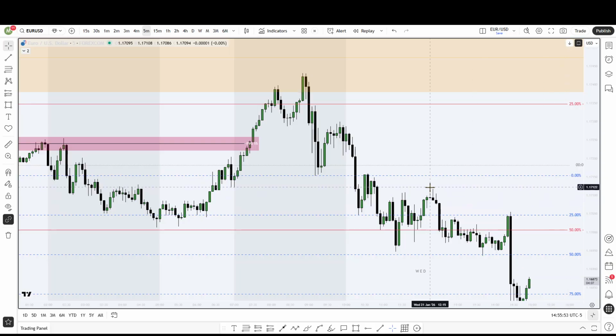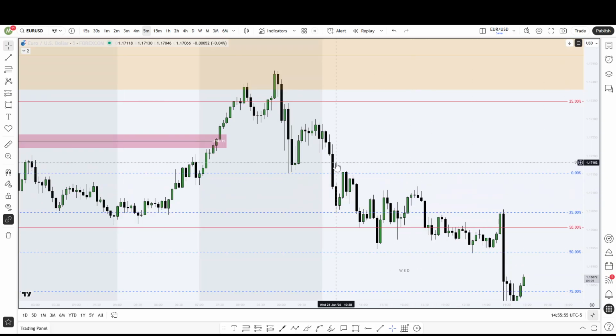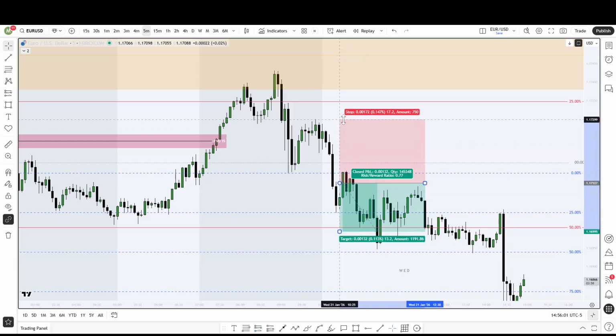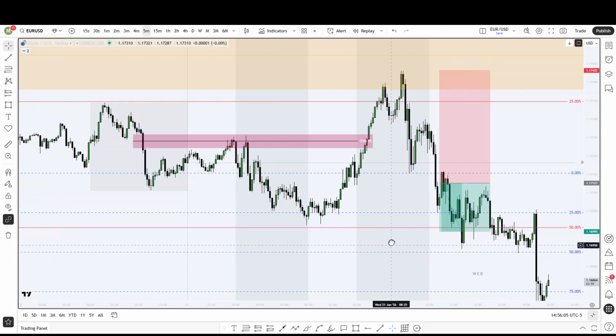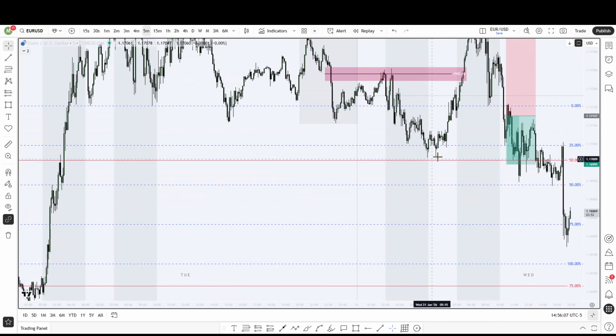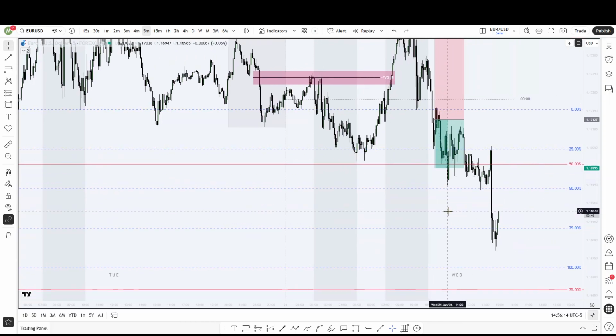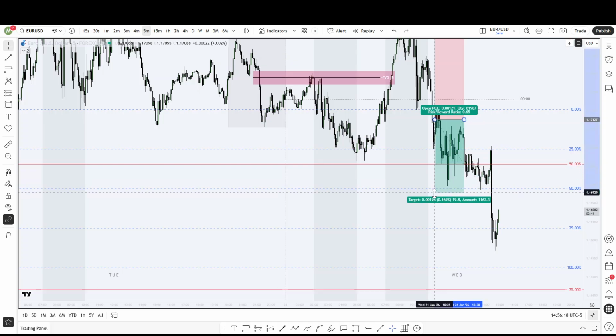So I saw this all happening, and then again back into the 4 hour value gap, and then I took a baby trade right there. Put my stop there. And since we already traded into the value gap right there, I know that 50%, 25%, I was definitely thinking we probably go in for 50%.